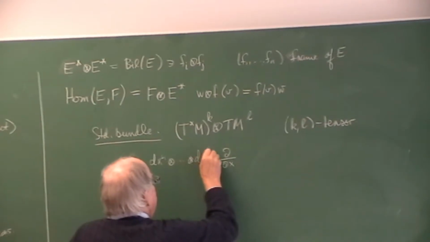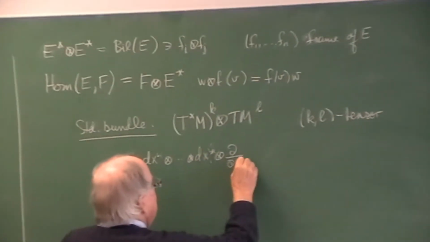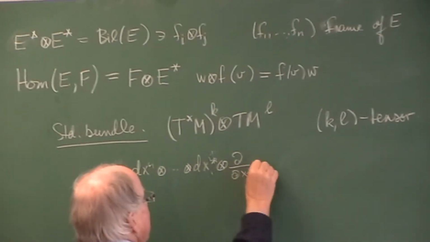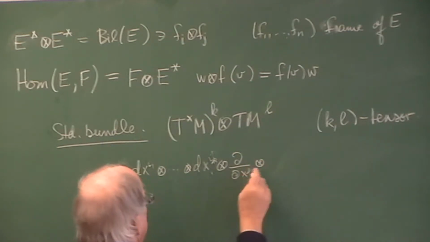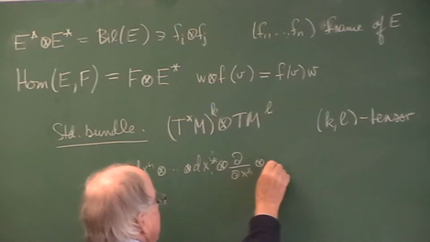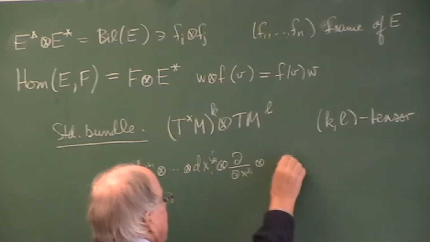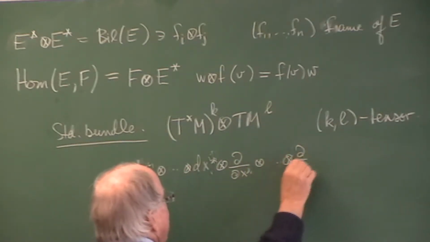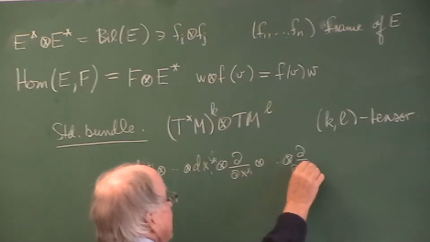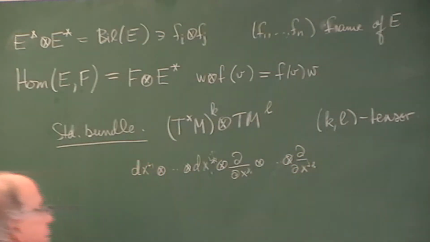Ik, j1, tensor, j l. Okay, you tell me if I've gotten the numbers right. Do I have the numbers right? Is it a KL tensor or an LK tensor? I think I got it right, yeah? Yeah.